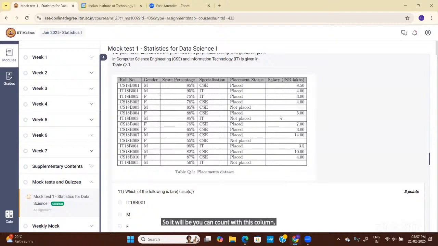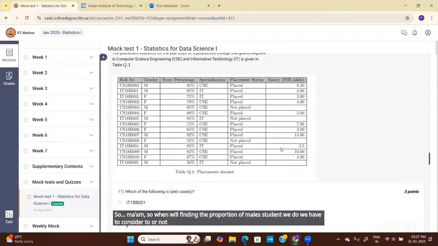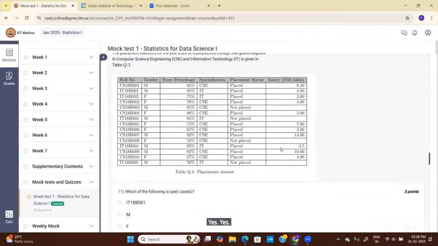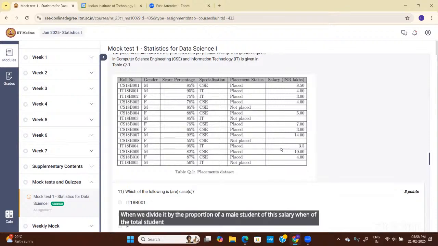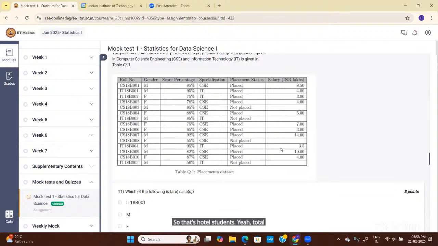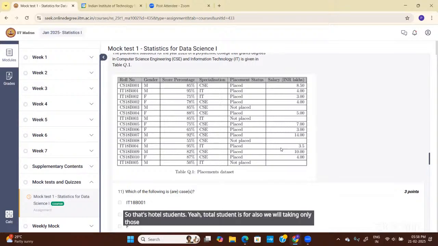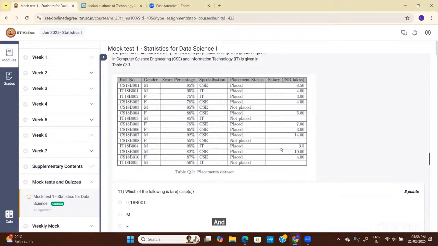So when finding the proportion of male students, we don't consider those students who are not placed. Yes, for the total students also we take only those who are placed, and we leave out those who are not placed. Okay.